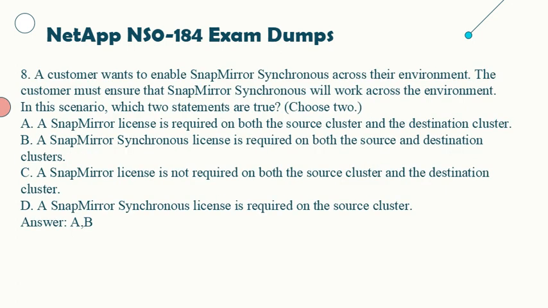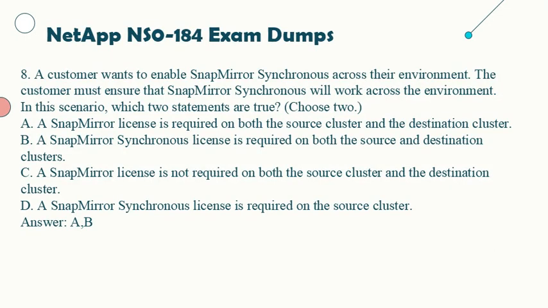8. A customer wants to enable SnapMirror synchronous across their environment. The customer must ensure that SnapMirror synchronous will work across the environment. In this scenario, which two statements are true? Choose two. A. A SnapMirror license is required on both the source cluster and the destination cluster.